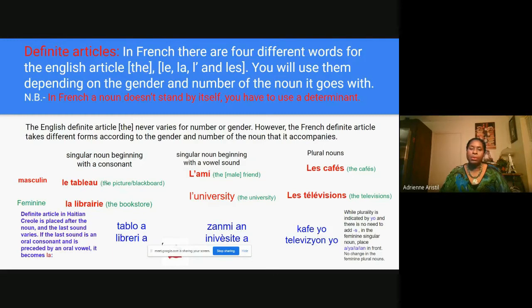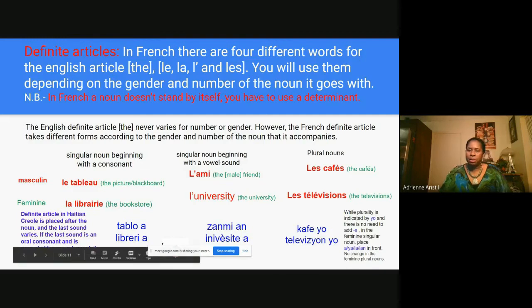Le tableau can mean a picture, the picture, or a blackboard in English. For feminine, you will use la, which is la librairie, which is a feminine noun.